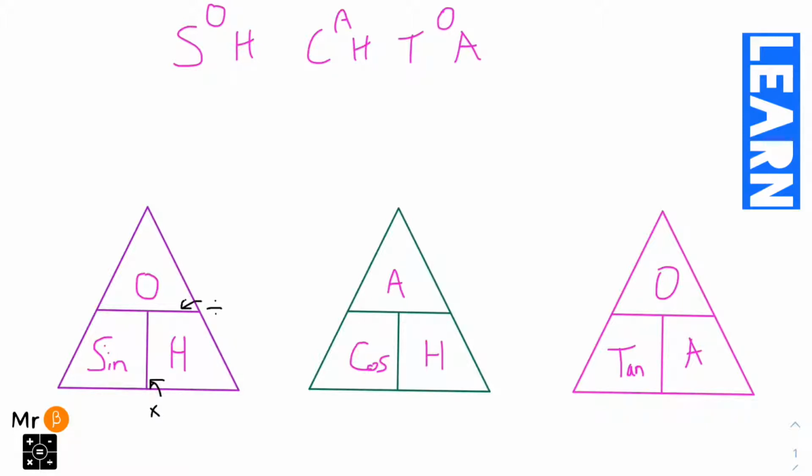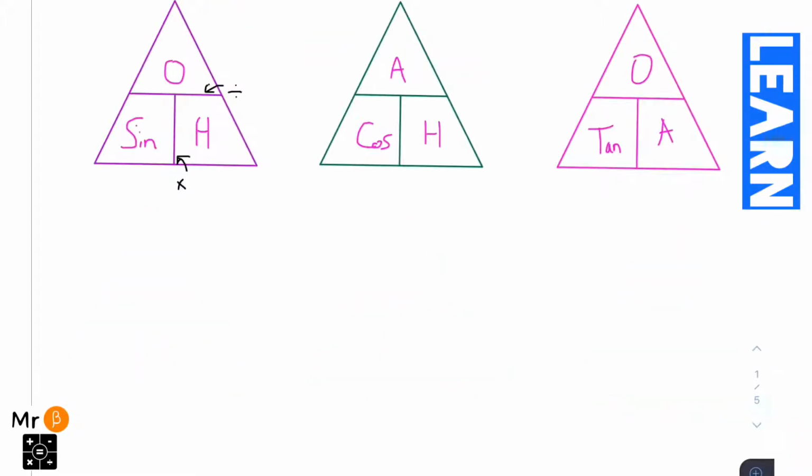Once we've got those basics sorted, we can now work out each formula from our triangle. For example, if I wanted to work out what sine of my angle x is, then I cover up my sine, that leaves me with opposite divided by hypotenuse.